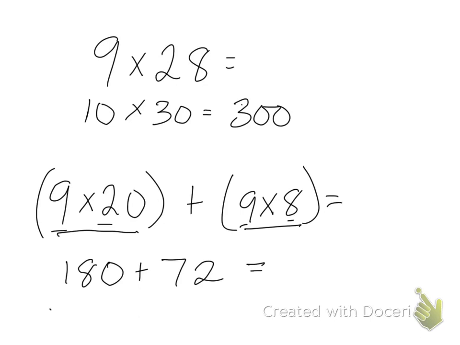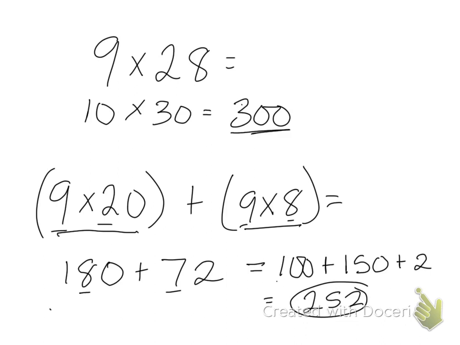So we have 100 plus, we do 8 plus 7, which is 15, or 150 plus 2. So we end up with 100 plus 150 plus 2, which equals 252. So our estimate is a little bit off, but it's still pretty close to 300.